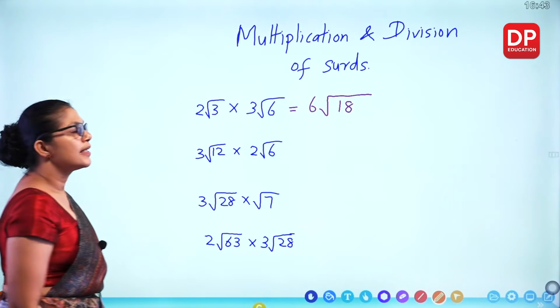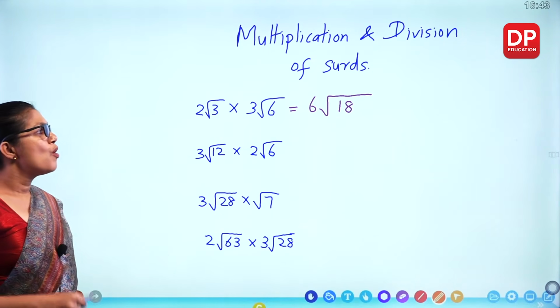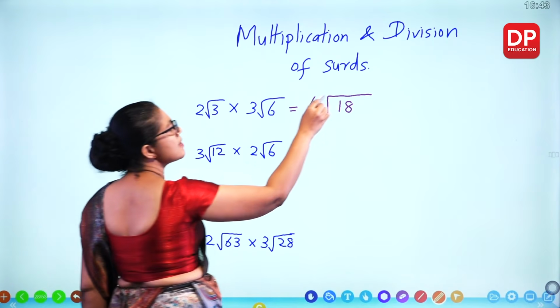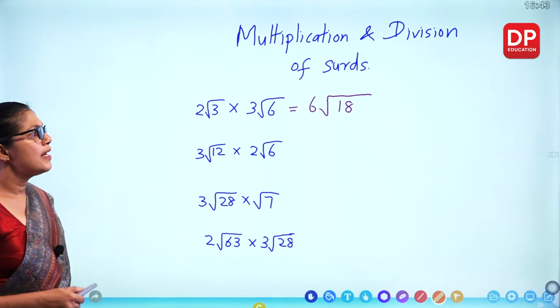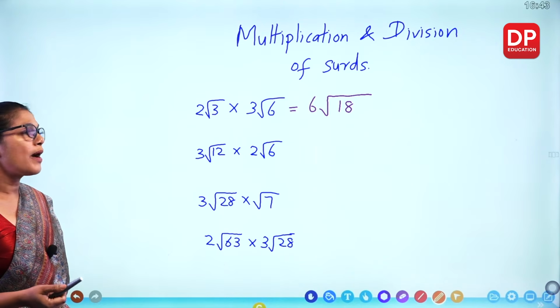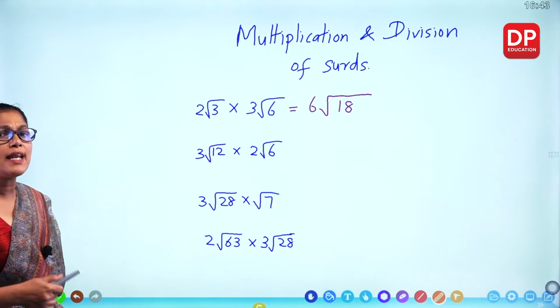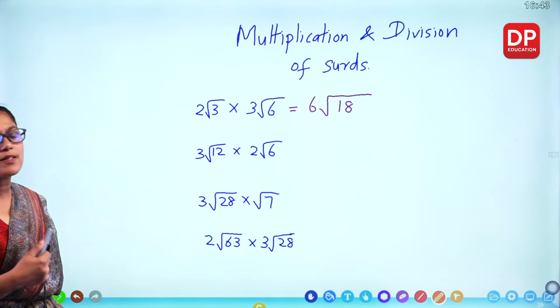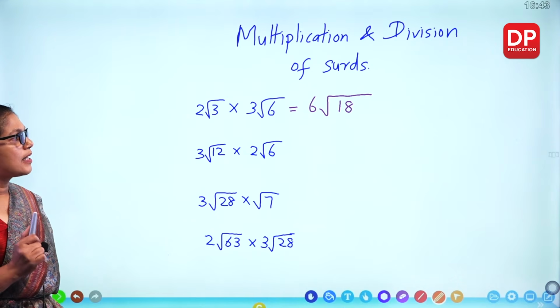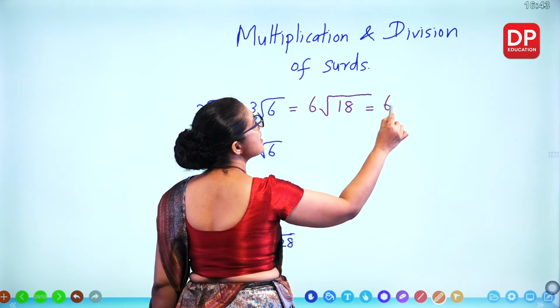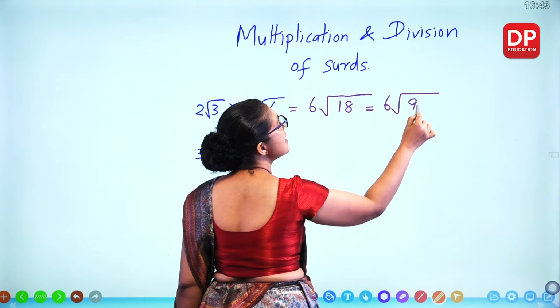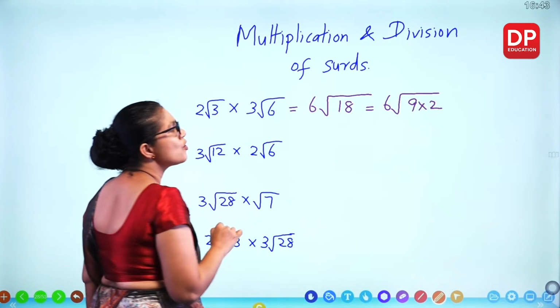18. Then what we do, we can simplify this number inside the radical form if we can convert to a square number. So 18, how can I write as a square number? 9 times 2. So I can write 6 and then instead of 18, 9 times 2.